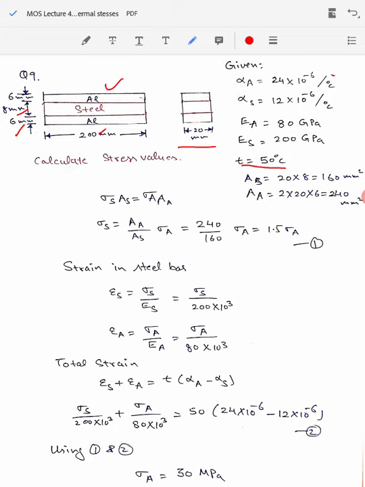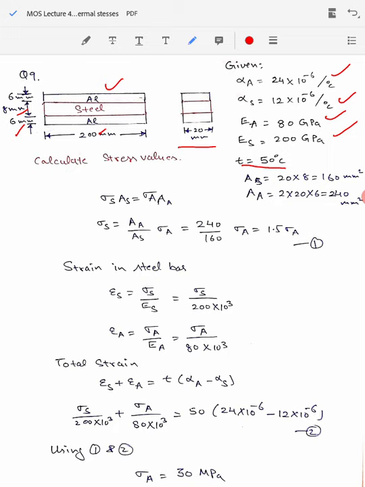Here we are given the value of the thermal expansion coefficients of aluminum and steel, and we see that alpha A is almost twice alpha S. We also have the modulus of elasticity for both the materials, and we can calculate the area of the steel bar and the area of the aluminum bars.